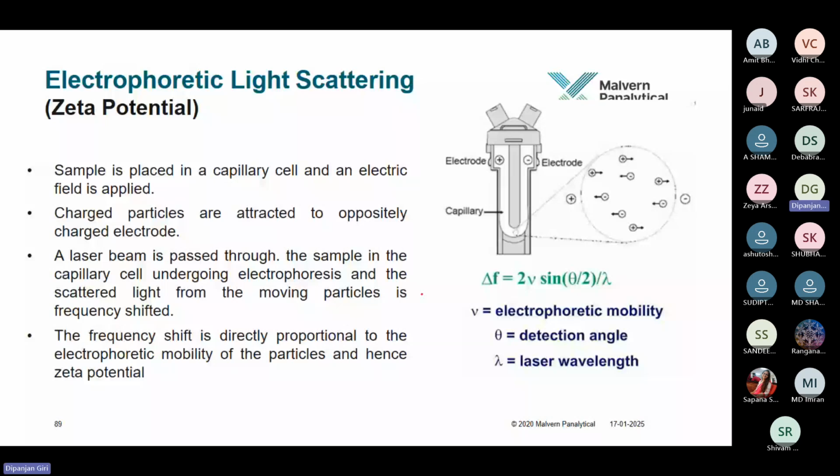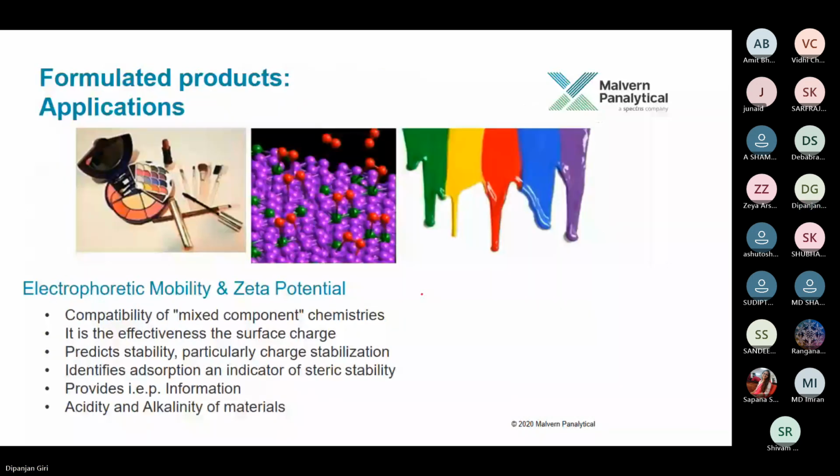the particle's electrophoretic mobility, which you put into the Henry equation, and you get the zeta potential. There are lots of applications of the zeta potential, for the compatibility of mixed component chemistry. It is also effective for surface charge modification in the coating industry.